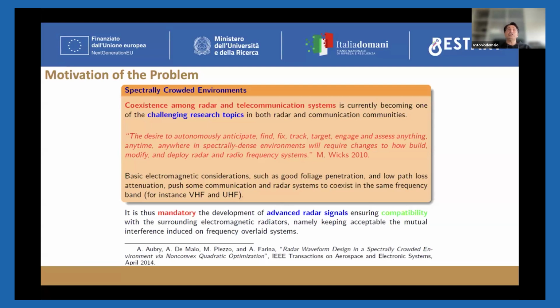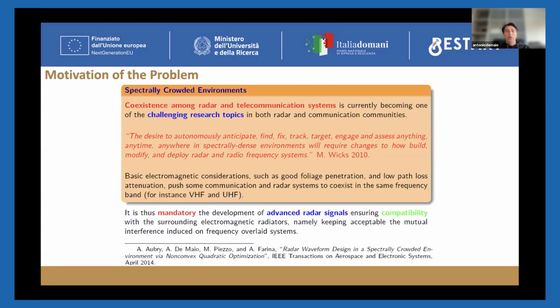And these considerations push the systems to coexist in the same frequency band. As a result, I would say that together with oil and water, the RF spectrum nowadays represents one of the most important and also critical commodities due to the huge impact that radio services have on the society.